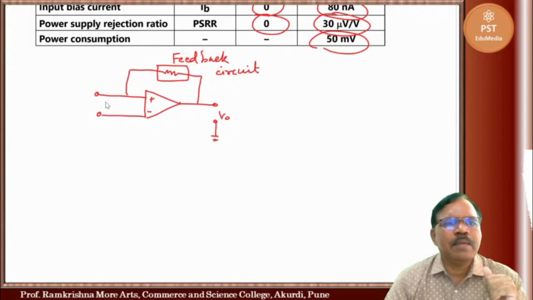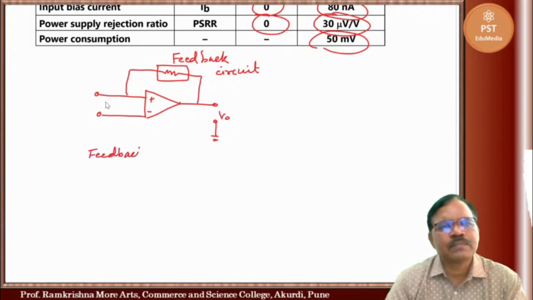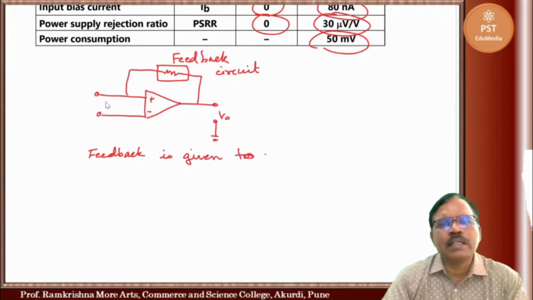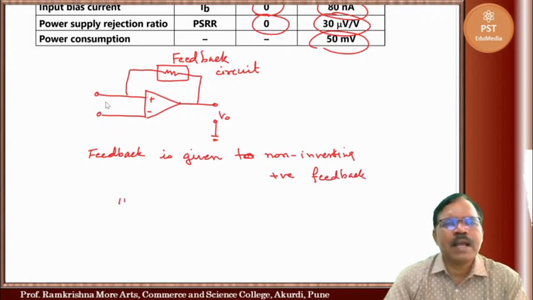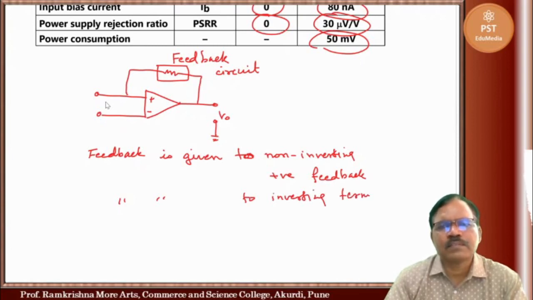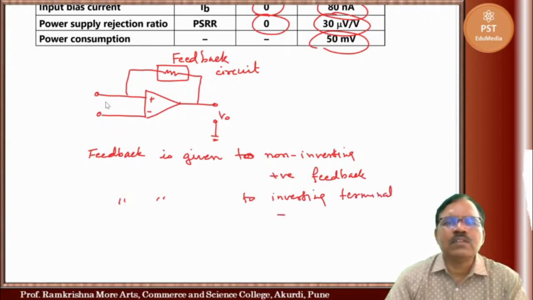So if feedback is given to the non-inverting terminal, then it is called positive feedback. But if feedback is given to the inverting terminal, then it is called negative feedback.